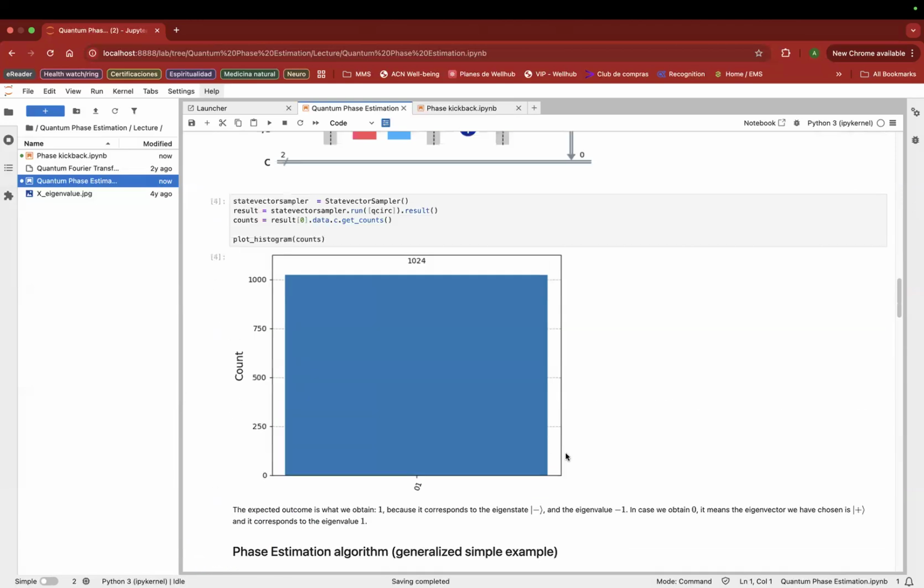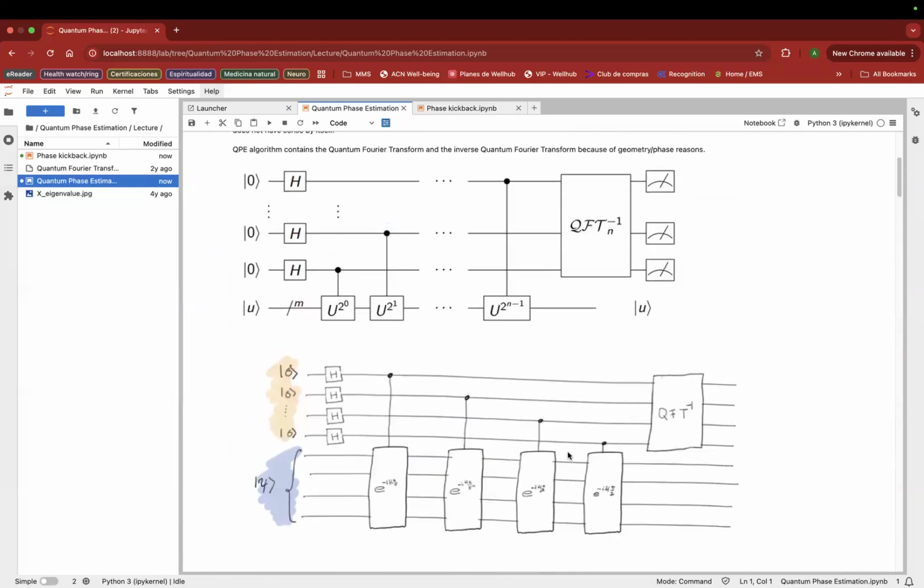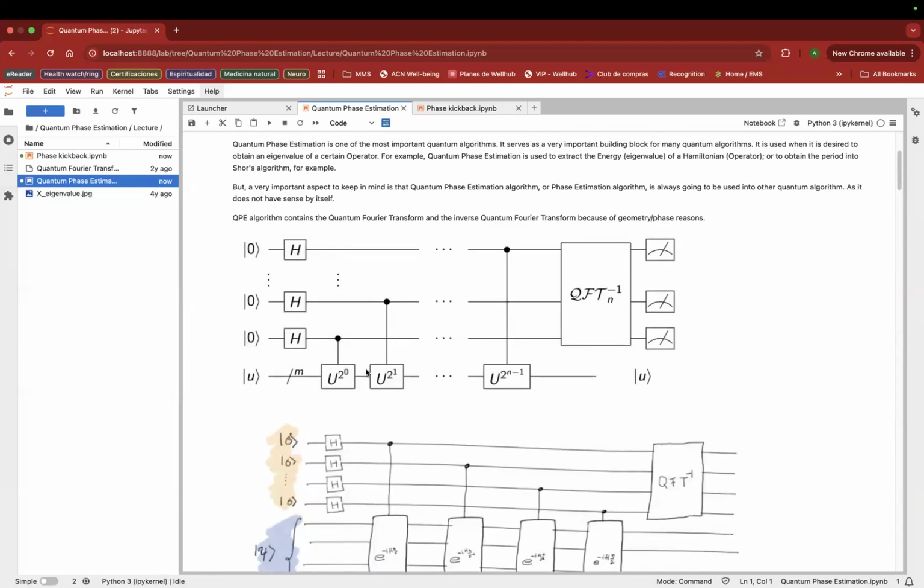Before we continue, one very important aspect. This is the precision, I mean, as many quantum control gates as we want to apply. This is the precision of the solution, but something to consider is that as many operators as we add, it increases exponentially. Meaning that if we want a precision of 1, we need to apply 3 controlled quantum gates.